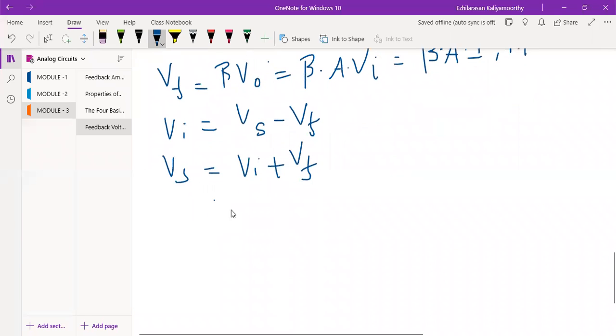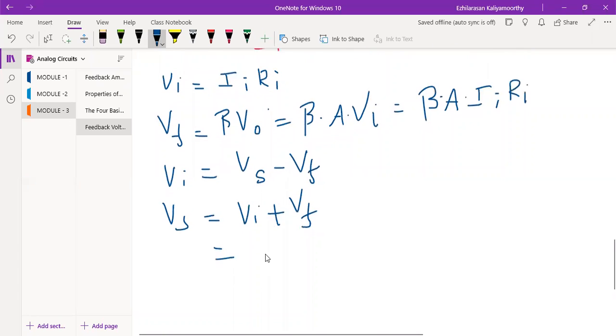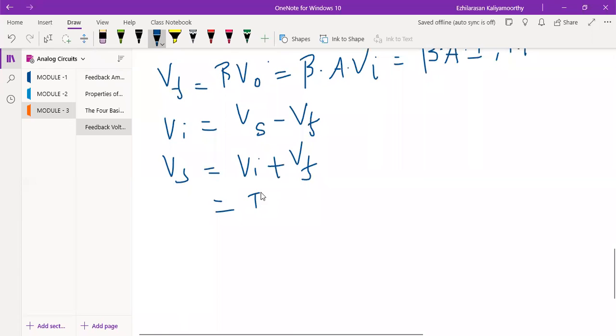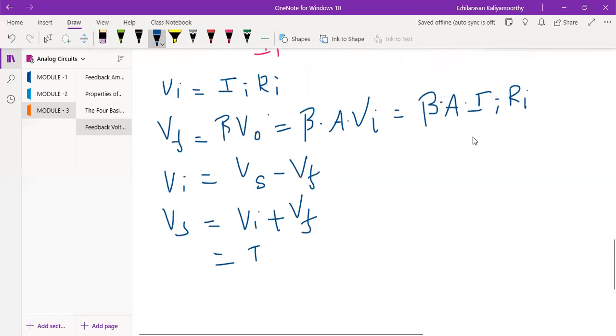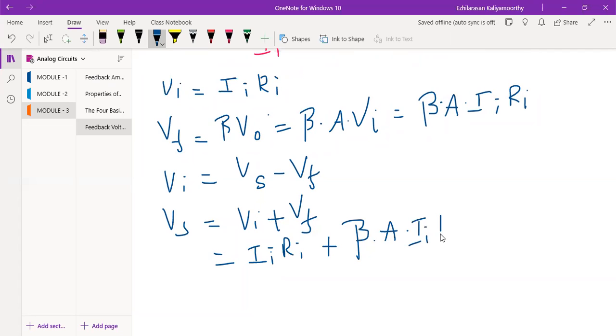Now substitute the Vi and Vf here, keeping Vi as II into Ri. So Vs is II into Ri plus beta into A into II into Ri.